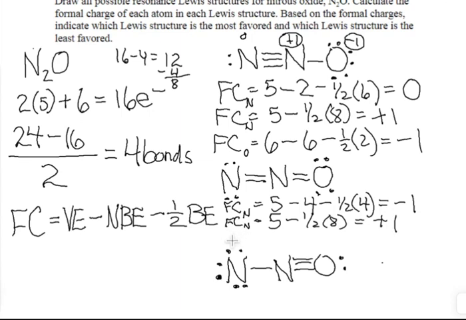Formal charge on oxygen is 6 minus 4 minus 1/2 times 4, for 0. So in this structure, -1, +1, 0. You want the total to be as close to 0 as possible. So this one is not too bad.